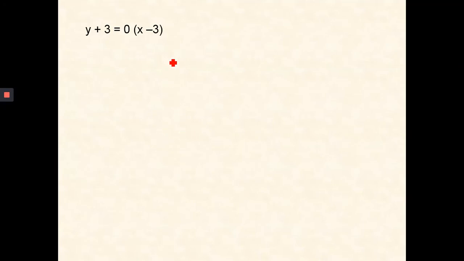We have here y plus 3 equals 0 multiplied by x minus 3. Again, that is written in the form y minus y sub 1 is equal to m multiplied by x minus x sub 1. Okay?